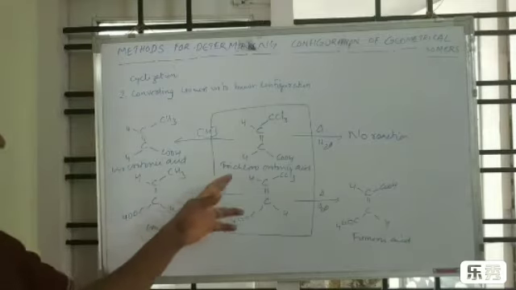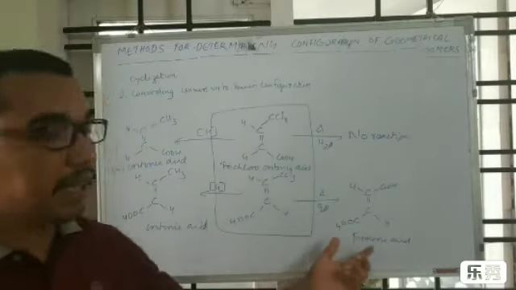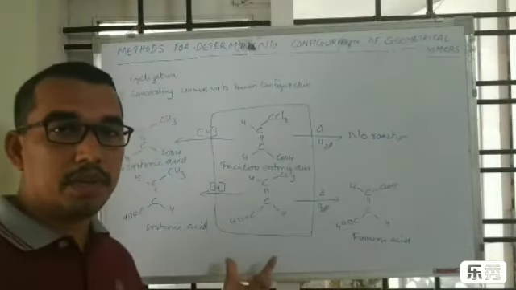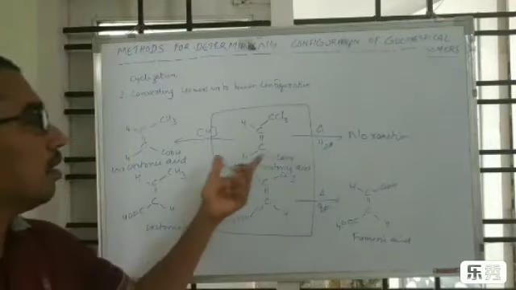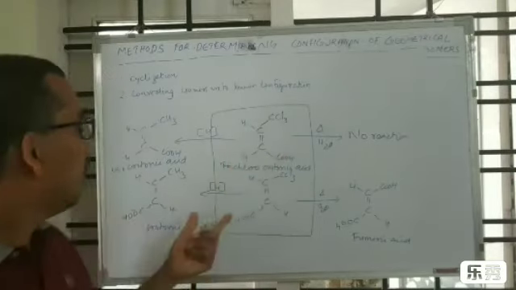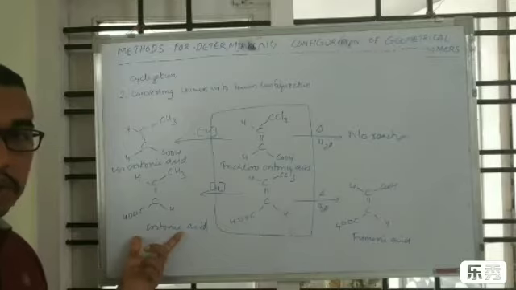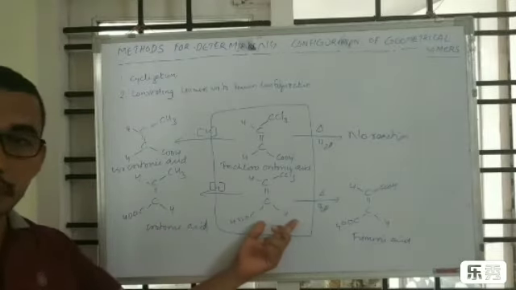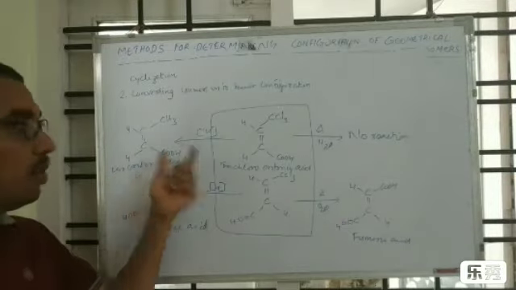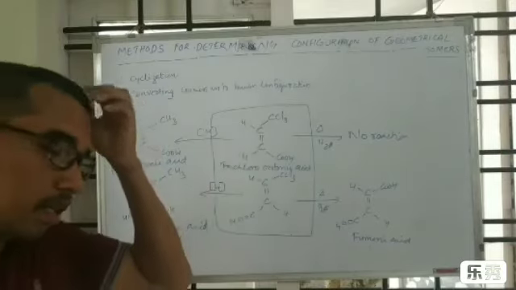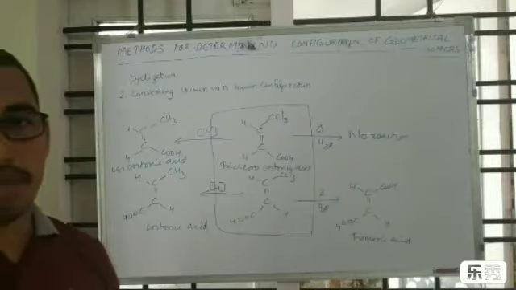For example, trichlorocrotonic acid, on hydrolysis, if it yields fumaric acid, we can assume the configuration of the starting material is trans. If there is no reaction, we will assume the starting material is cis. On reduction, if it produces crotonic acid, we will assume the starting material is trans. On reduction, if it yields isocrotonic acid, we will assume the starting material is cis. So this is second method for determining the configuration of geometrical isomers.